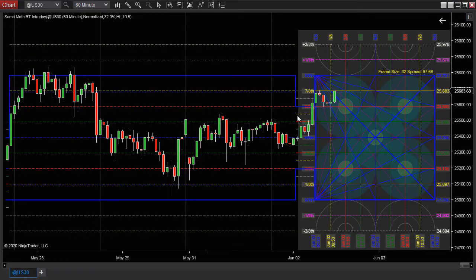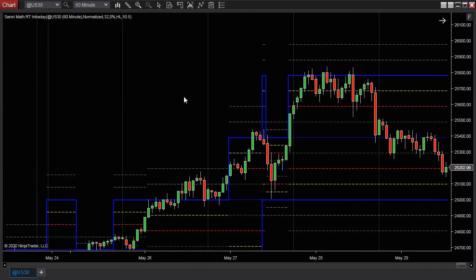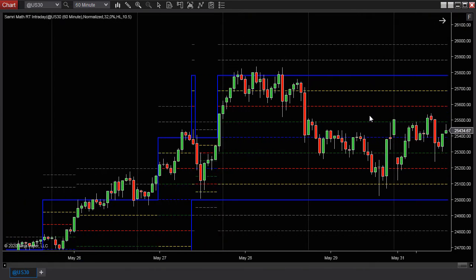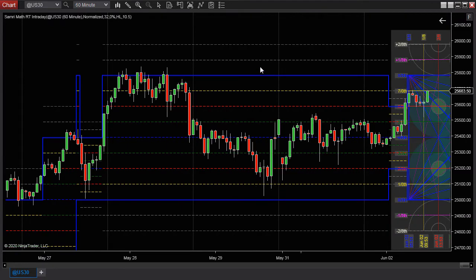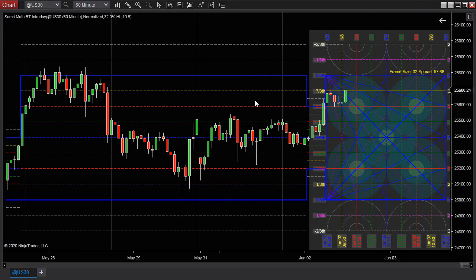That'll give us a history of where every single line from 0 to 8 has been, plus the +1/8 and the +2/8 and the -1/8 and the -2/8. So we're seeing these lines, how they changed over time, how the entire trading frame from top to bottom changed or varied over time.